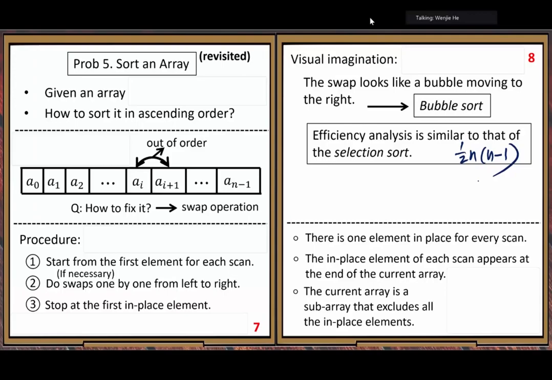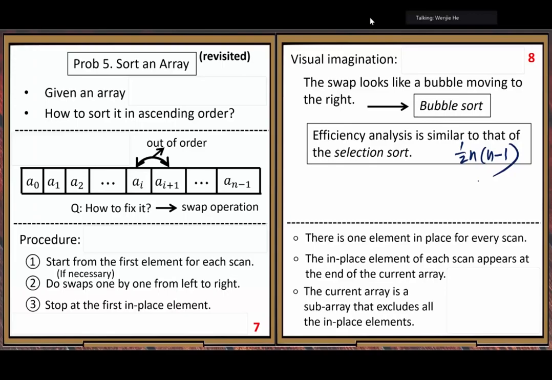The last scan, one comparison. You add all these numbers up, and you get that number. So for any input, the number of comparisons for bubble sort is always this number. You cannot reduce it.